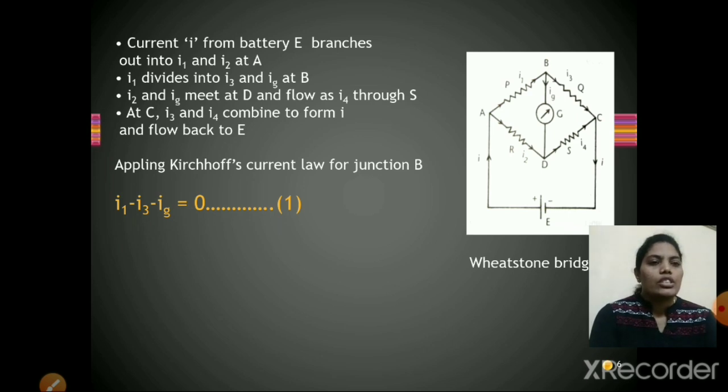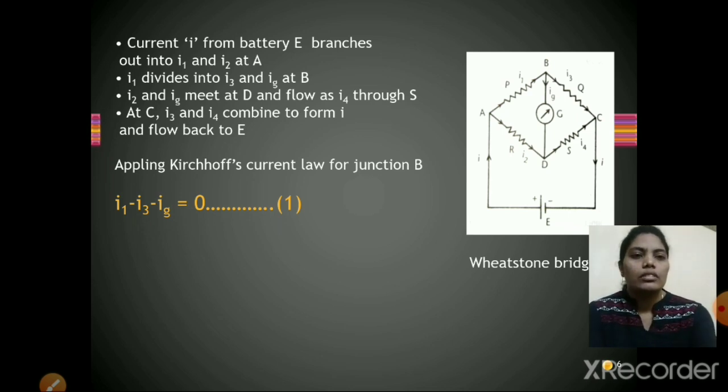According to Kirchhoff's first law, there is a sign convention: currents flowing towards the junction are taken as positive, and currents flowing away from the junction are taken as negative. Using that sign convention, at junction B we get the equation I1 minus IG minus I3 equals 0.